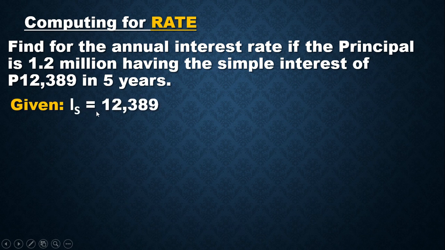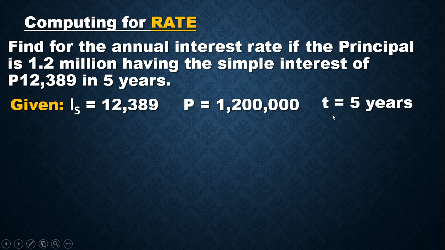Given, simple interest is equal to 12,389. Principal is equal to 1.2 million, that is 1,200,000. Term or time, that is 5 years.